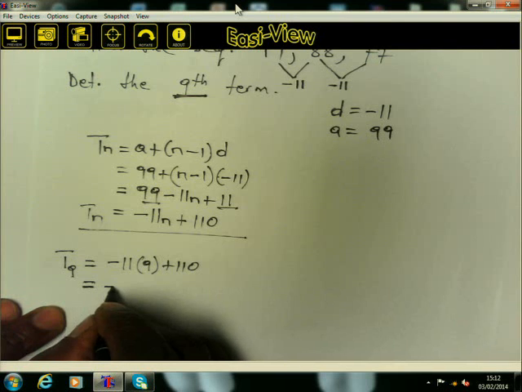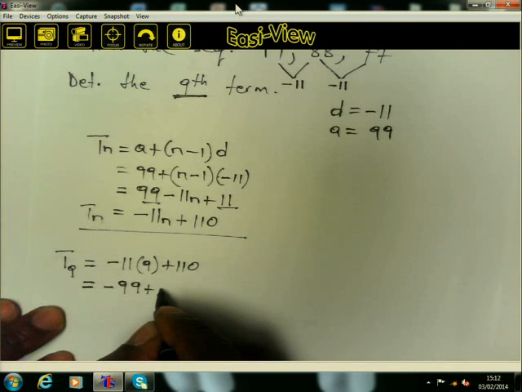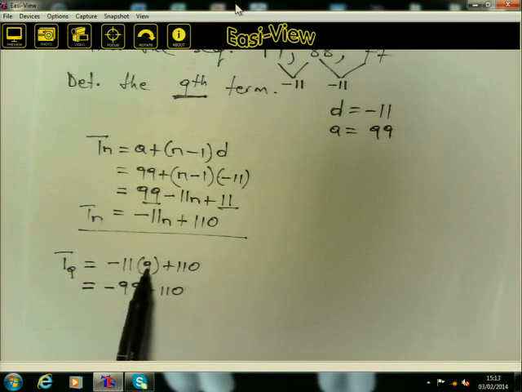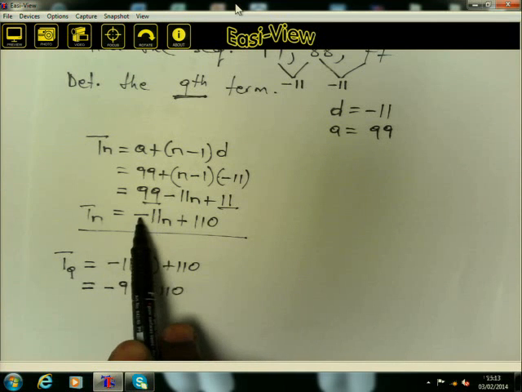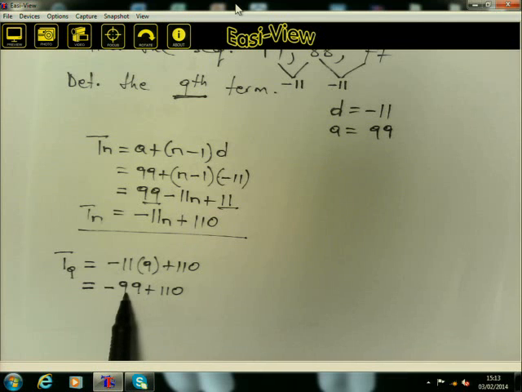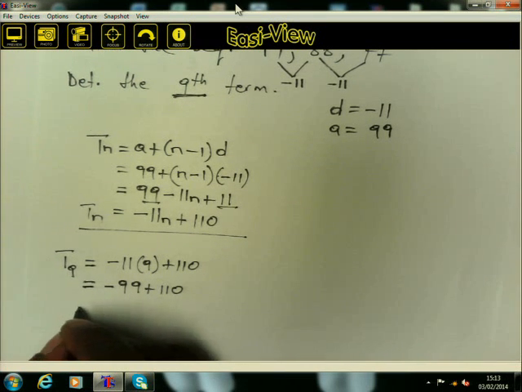So this is minus 99. You add 110 to it. It comes from this one, negative 11 times 9. Then we are looking for T9, and that is minus 99 plus 110. So if you get that, the answer becomes 11.